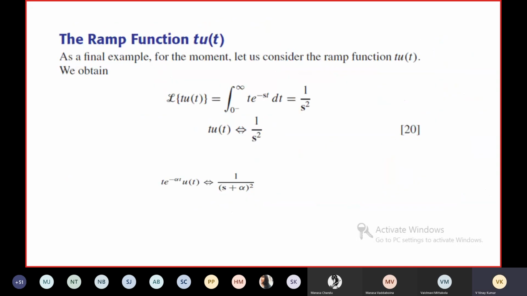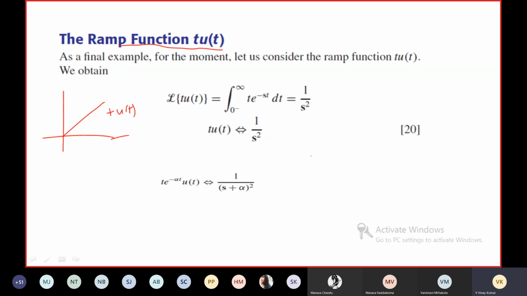This is the ramp function, t into u of t.